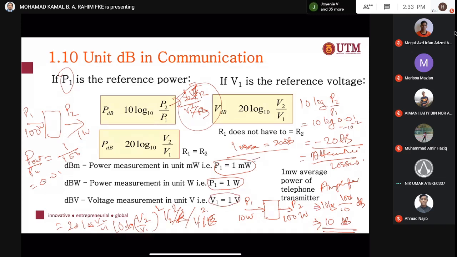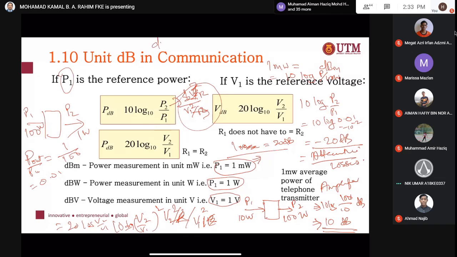So basically you can easily change in terms of this. 1 milliwatt is equal to how many dBm? dBm means the ratio is to 1 milliwatt. So you have 10 log of the power over 1 milliwatt. This is what we call dBm.